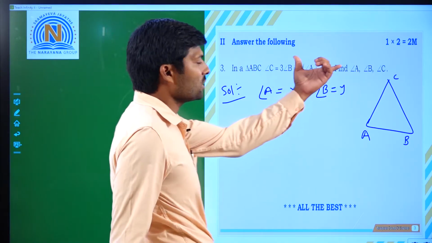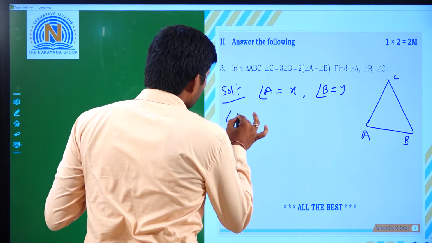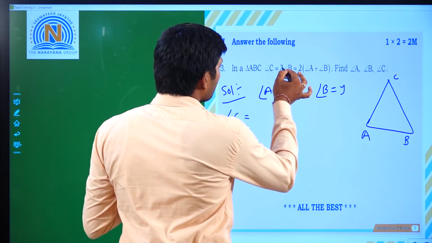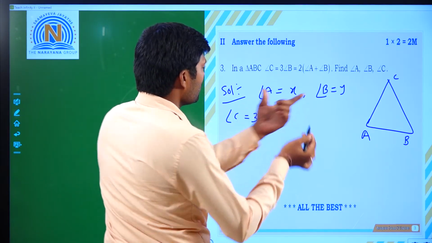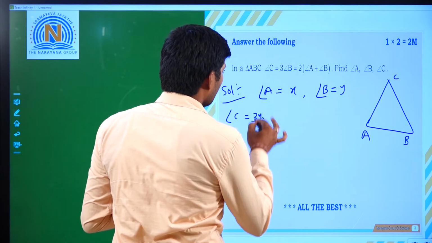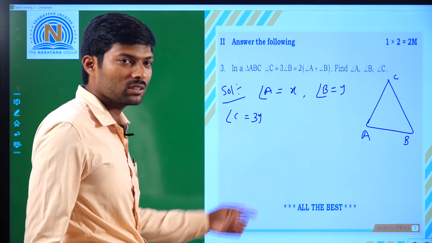So substitute in the given statement: angle C is equal to 3 into angle B. Angle B is y. So angle C is equal to 3y.